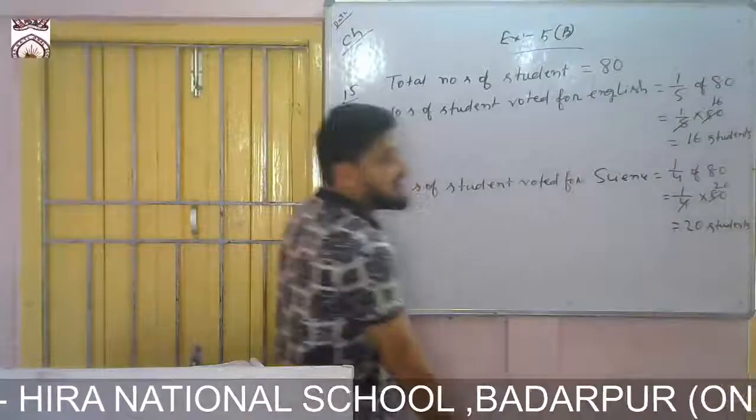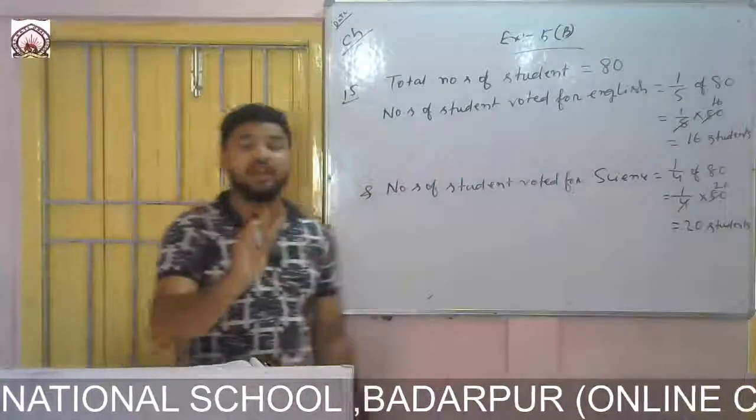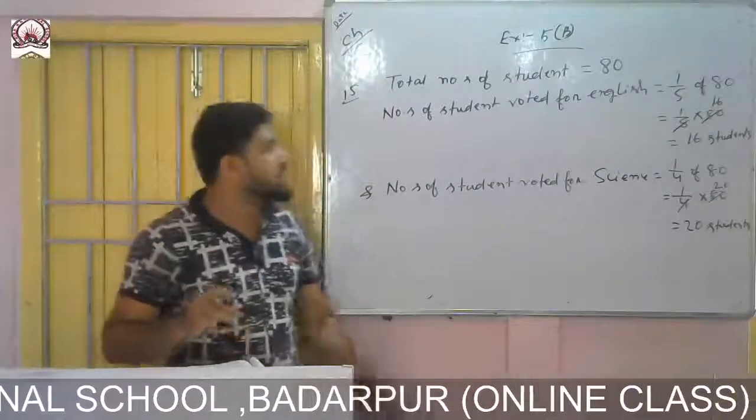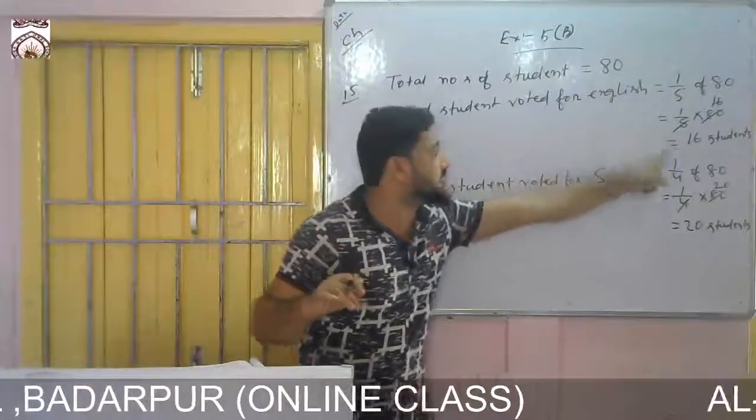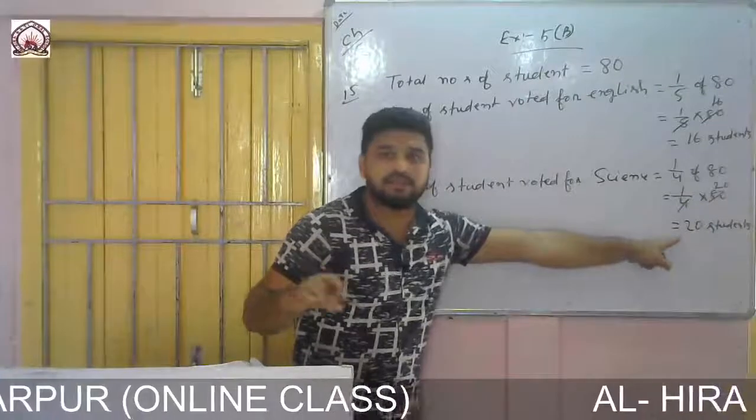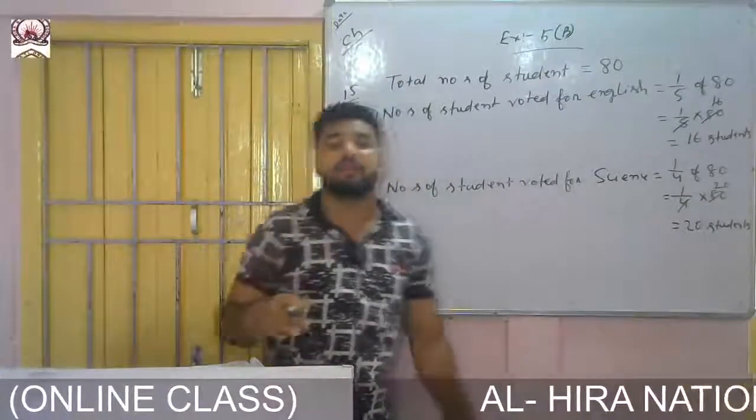Now the rest voted for maths. That means if from total students I subtract the number of English students and the number of Science students, then I shall get the number of math students.